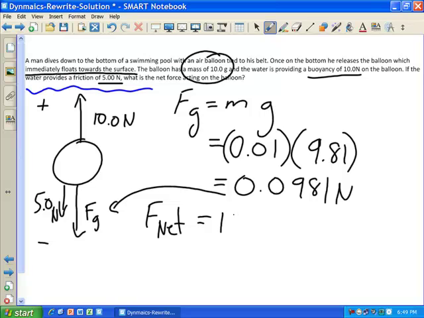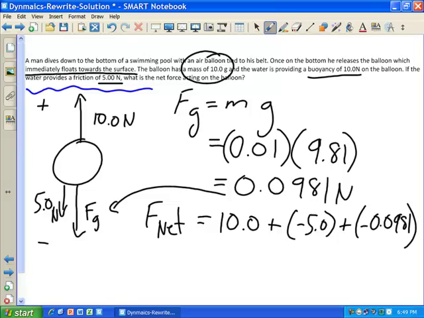So I've got my buoyancy force of 10 newtons, and then I've got my force of friction of 5 newtons, and I've got my force of gravity, it's very small, 0.0981 acting downwards.